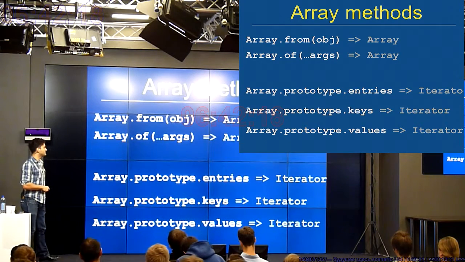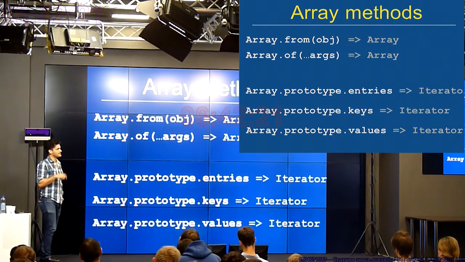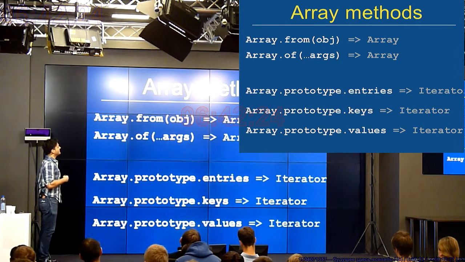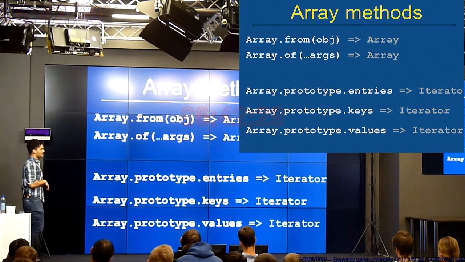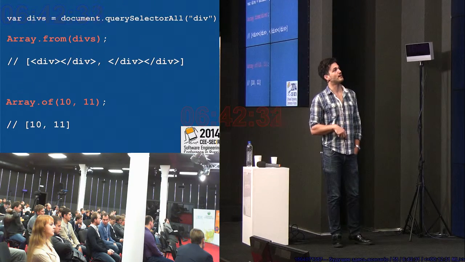Array methods. So we've got some new static methods like from and of, and new prototype methods like entries, keys, and values. Let's look at some examples of those methods.